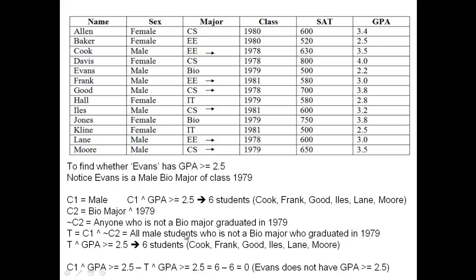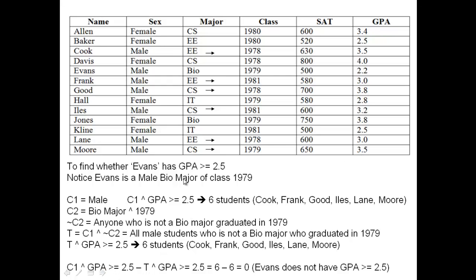The tracker is all male students who are not a biology major to graduate in 1979, and impose on top of this GPA of 2.5 or above. So this is the only guy to graduate in 1979, biology major. So all the other 6 students are part of the tracker, and when you impose 2.5 GPA or above, all those 6 students have 2.5 or above GPA. So that's again 6 students.